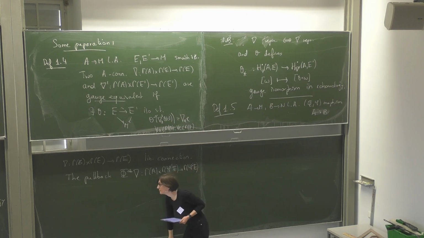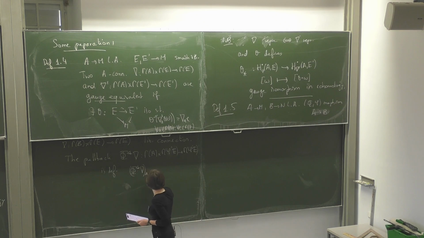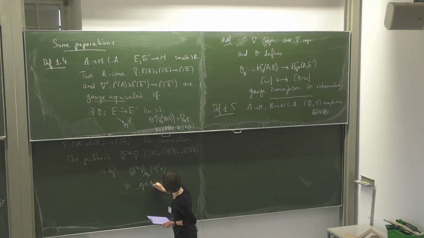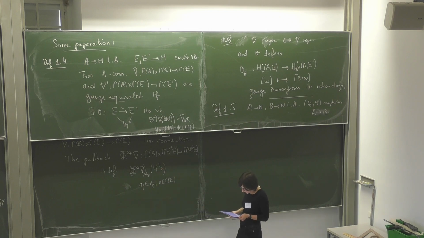It is defined like you would define it: nabla at a point a, based at p, of a pullback section. So a_p is in A, and e is a section of E. You can pull it back to a section of phi pullback E, and those sections generate the whole of the pullback.